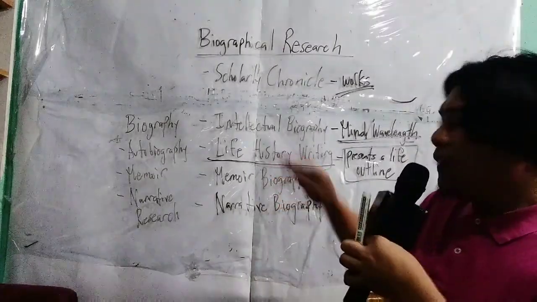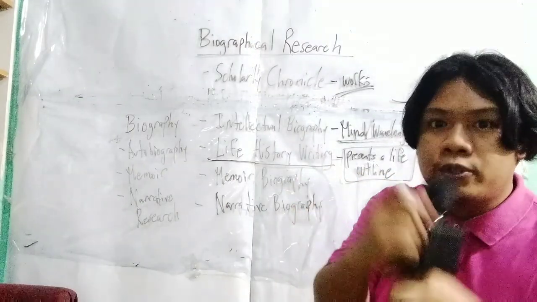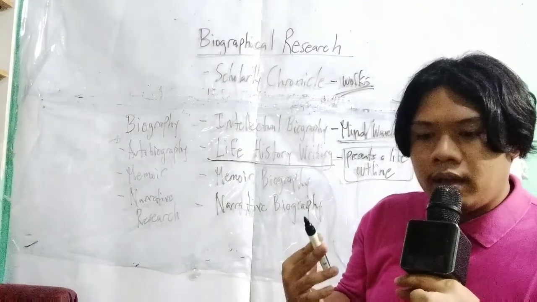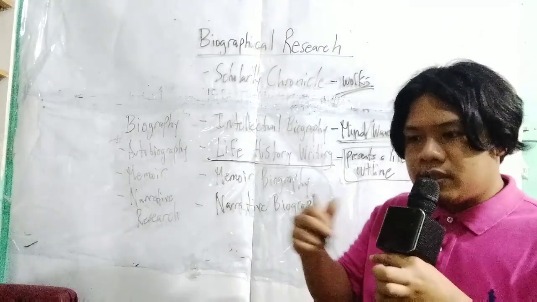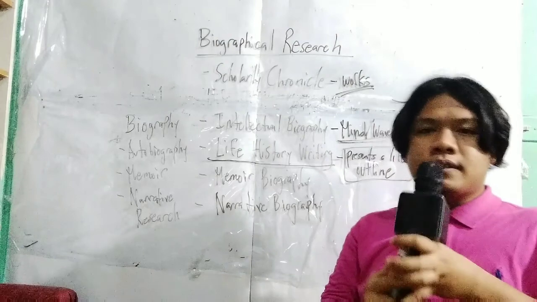So, in life history, here we see the evolution of the informant as time went by. Like for example, let's use the idea of Charles Dickens.